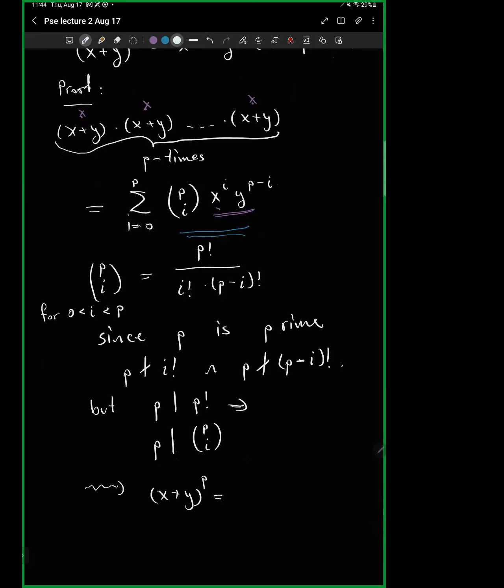So i equals 0 and i equals p. When i equals 0, I get x to the 0 times y to the p. I should say, if p divides p choose i, this means that p choose i is equal to 0 mod p.